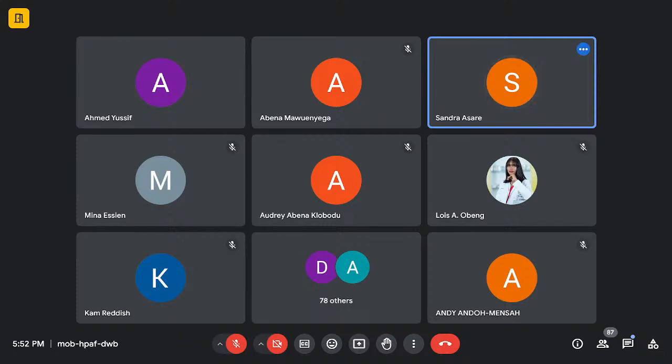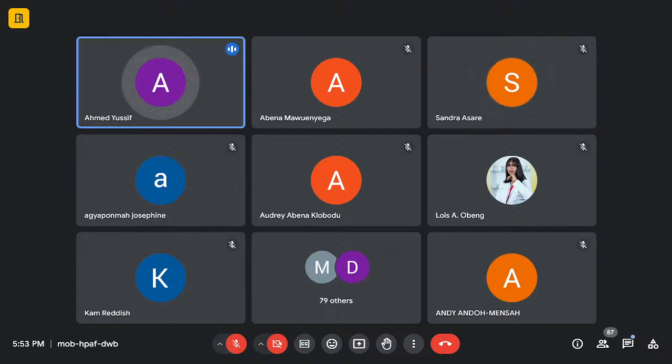Sometimes they include the neonatal tetanus as part of it. All right, so that's very good. It means you really read. So that's very true.